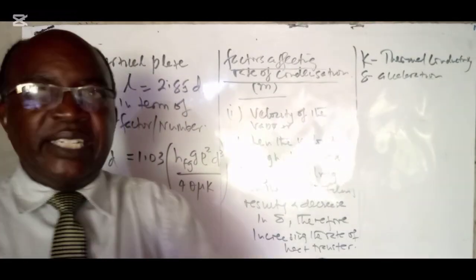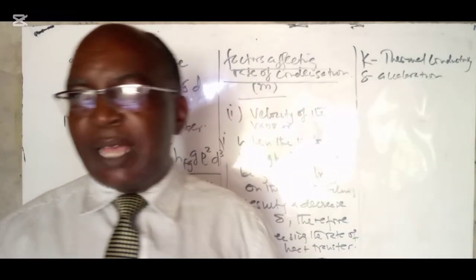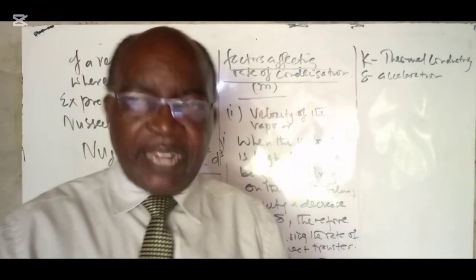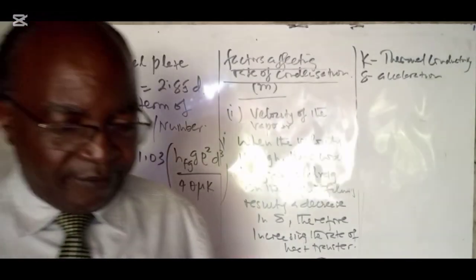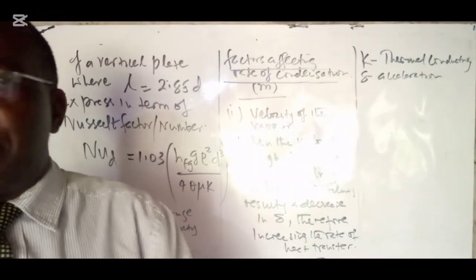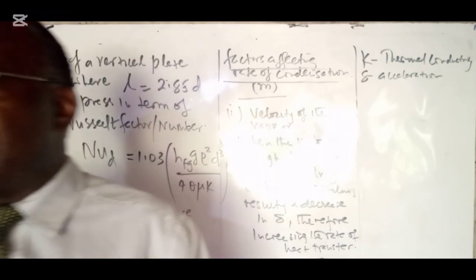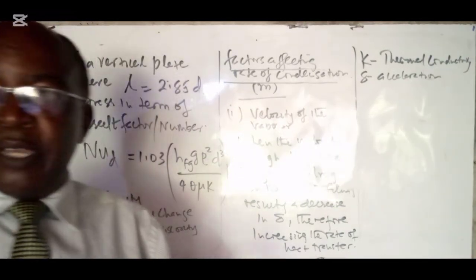And like we have already seen, there is a value, Reynolds number, above which or below which we can expect turbulence. We said in the pipes it was around 2300 in terms of Reynolds number.